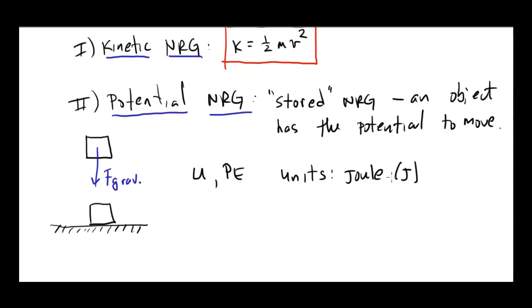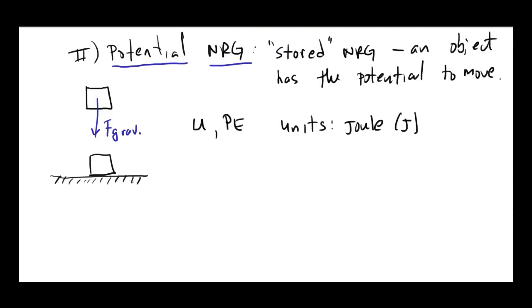Okay, so let's see how we could calculate the energy associated with an object. We're going to discuss two different types of potential energy, and the first is the type associated with this block being lifted off the ground, and that's what's called gravitational potential energy.